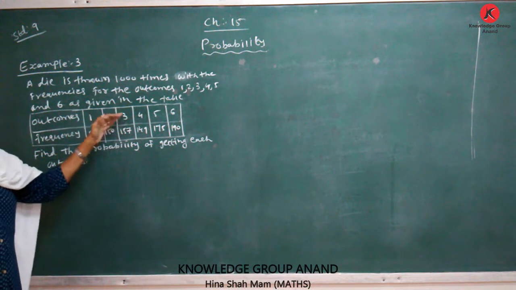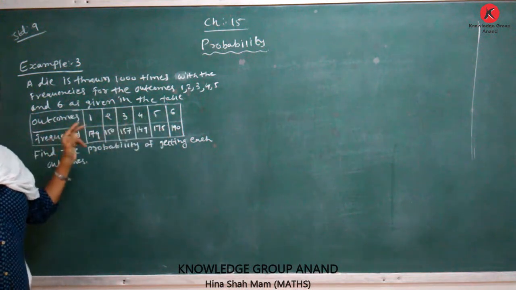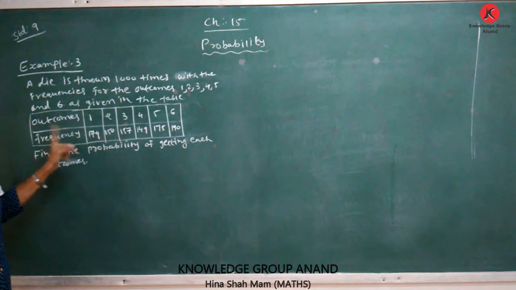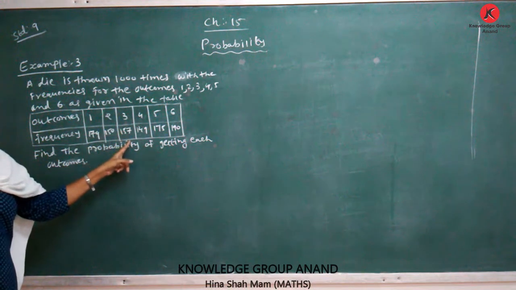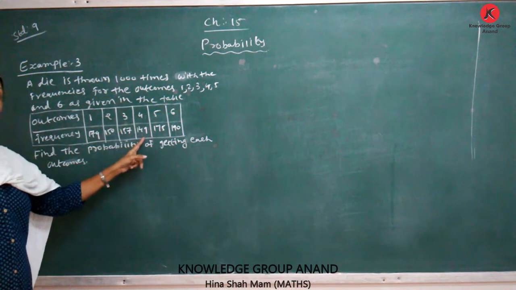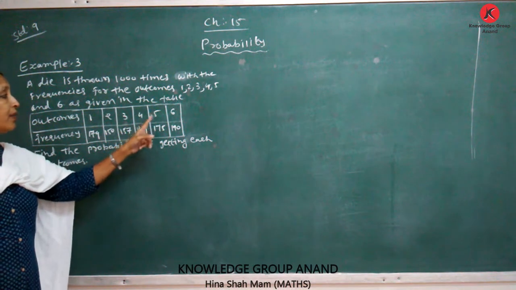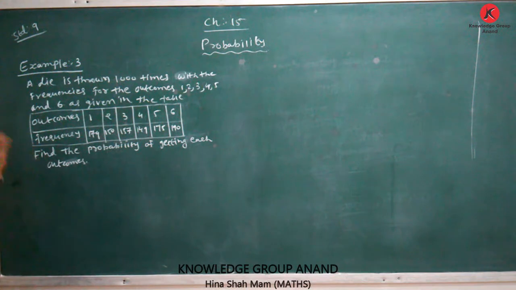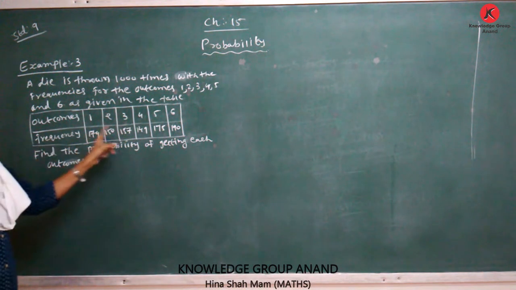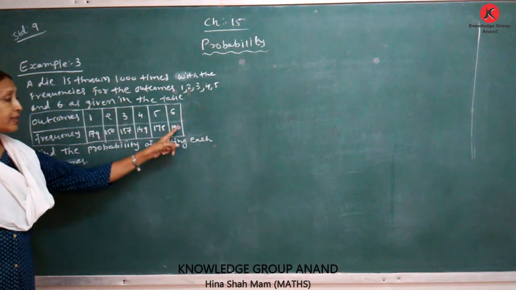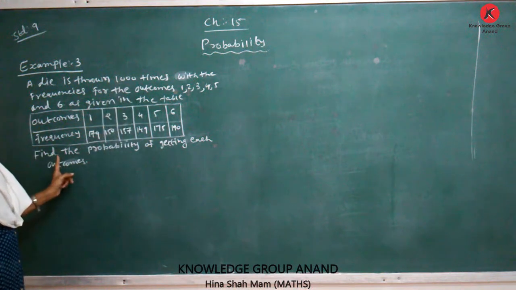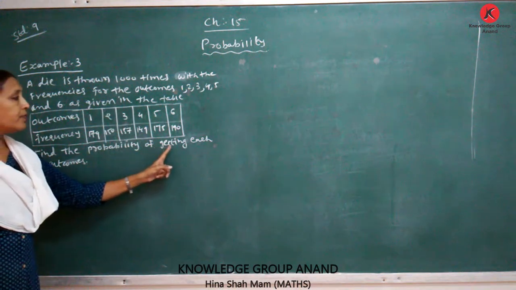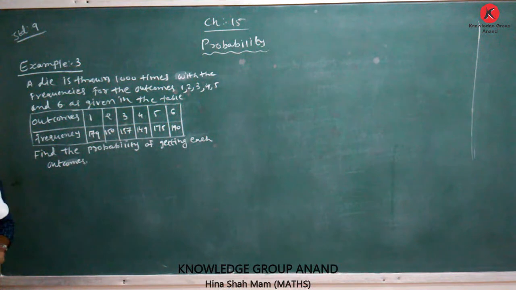Outcome 1, how many times? 179. 2, 150 times. 3, 157 times. 4, we get 149 times. 5, 175 times. And 6, 190 times. The sum of all numbers is 1000 times. Find the probability of getting each outcome.